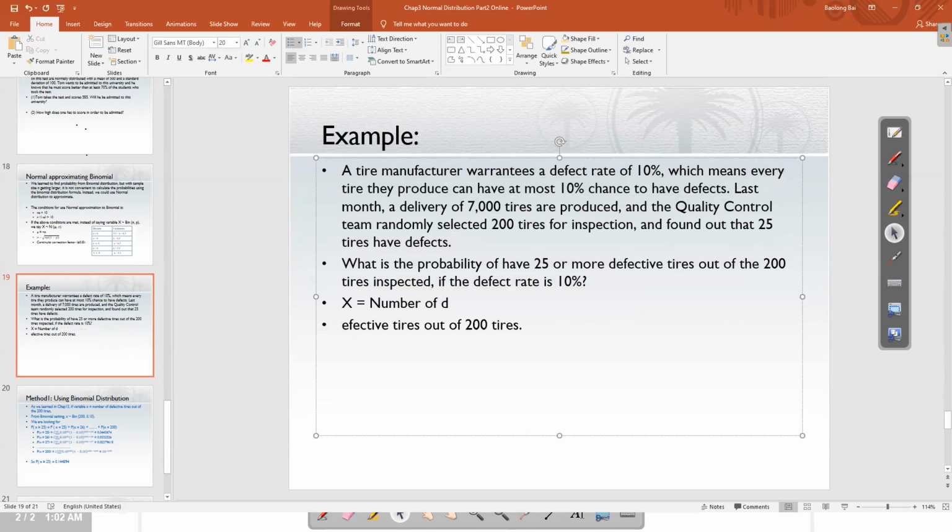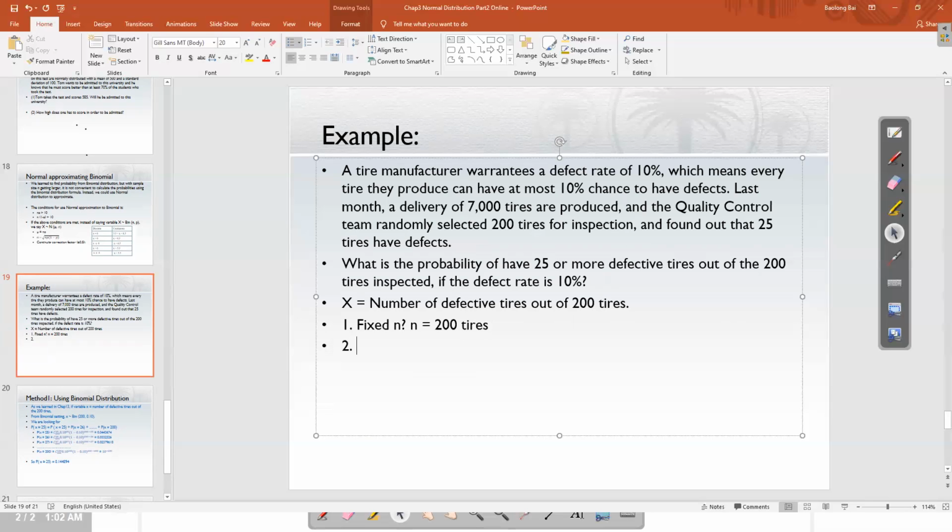There are 4 binomial settings we need to check for. First, do we have a fixed number n of observations? We checked. We have 200 tires being checked when counting the number of defective tires. So fixed n is there.